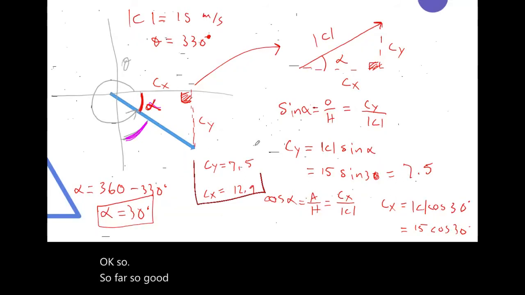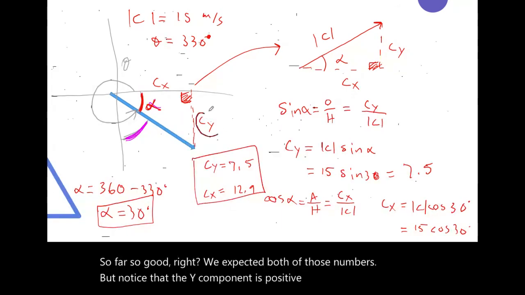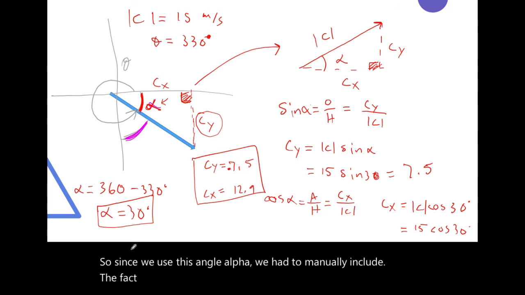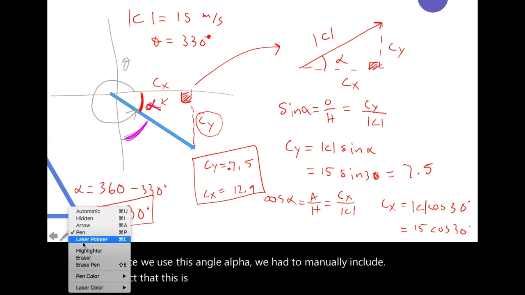We expected both of those numbers, but notice that the y component is positive, but we know it should be negative. And since we use this angle alpha, we have to manually include the fact that this is negative.